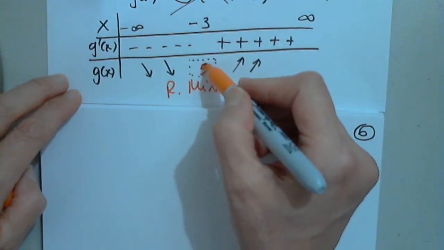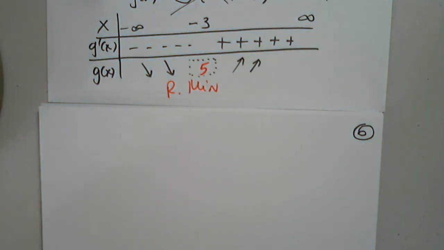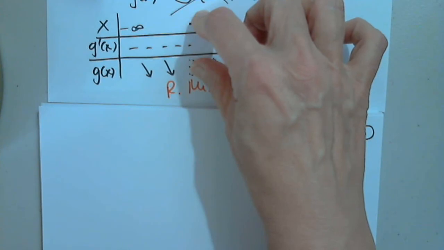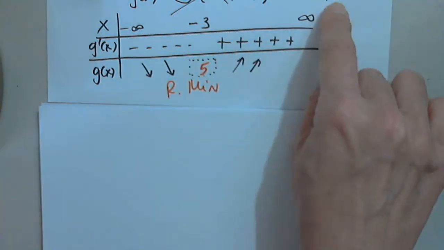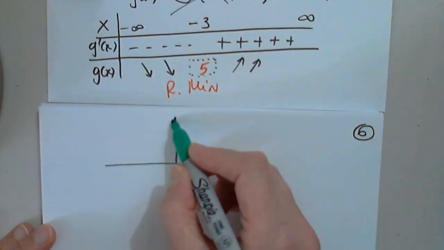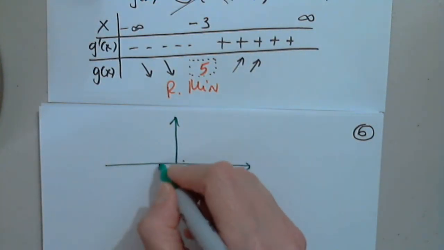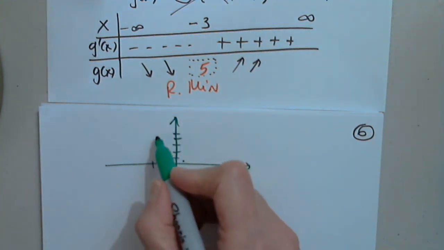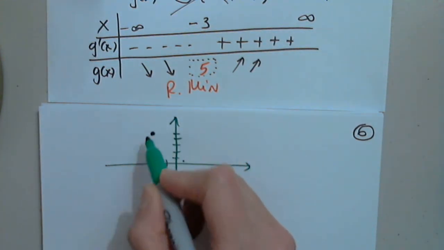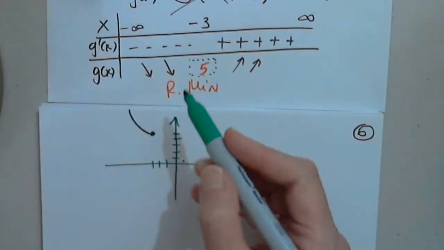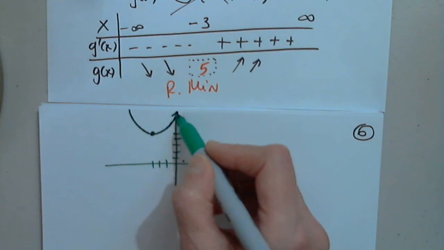A relative minimum or local minimum, and you can give me any number. You can give me 5, 10, 3, 2, any number. It doesn't matter. We can add whatever we want, as long as we keep all the given conditions. So here's the graph. At -3, and this is 5. So here it is. The function is decreasing, has a minimum, and the function is increasing.